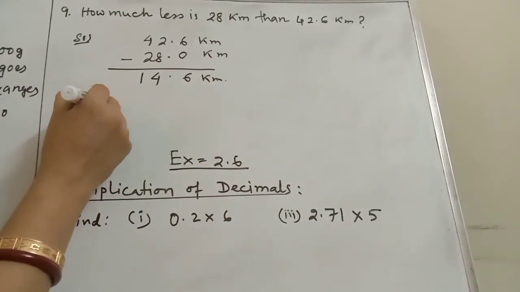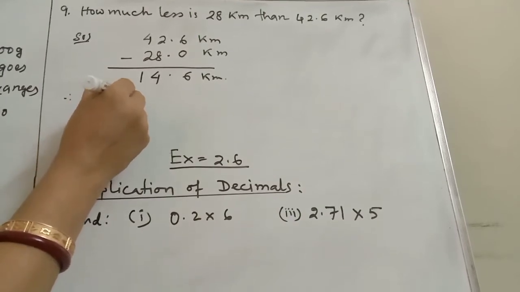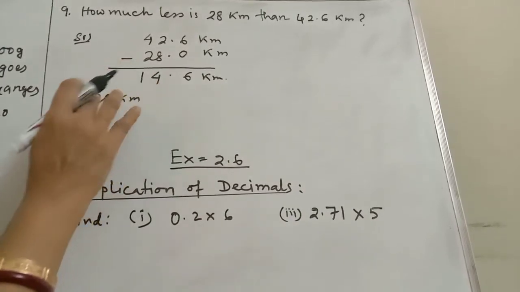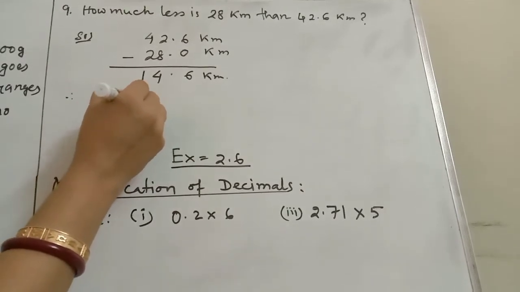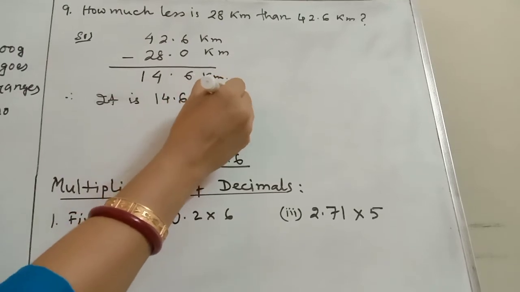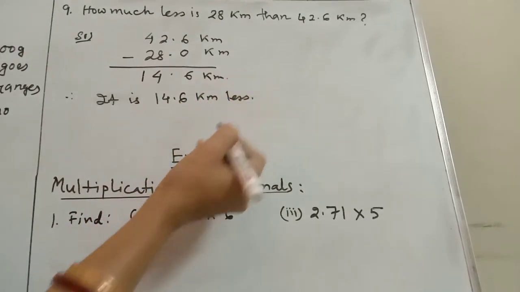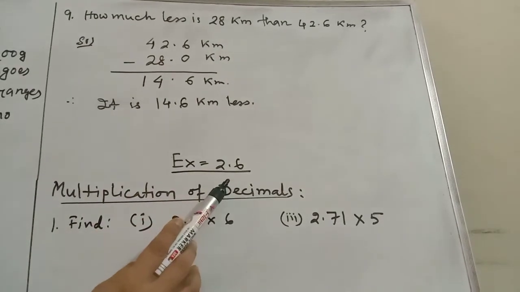Therefore, how much less is 28 kilometer? Or directly you can write the answer. It is 14.6 kilometer less. Understood?